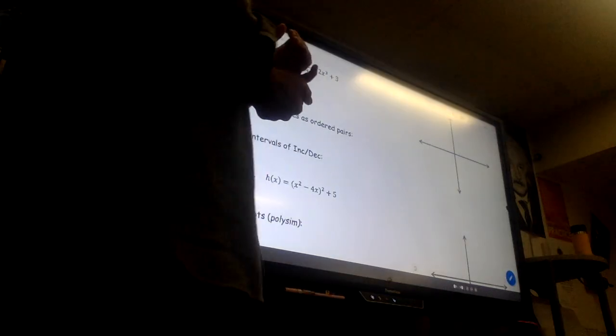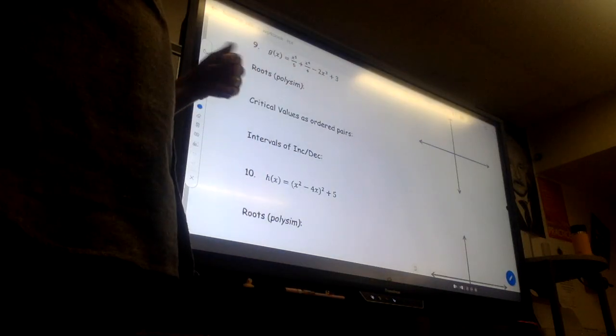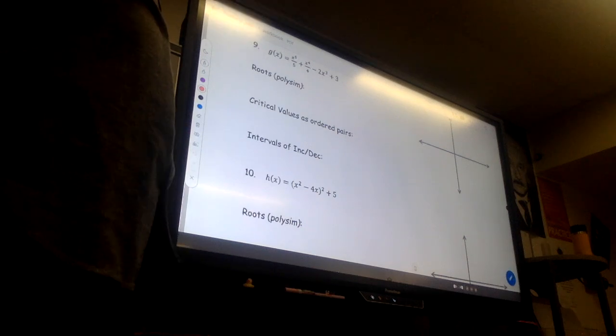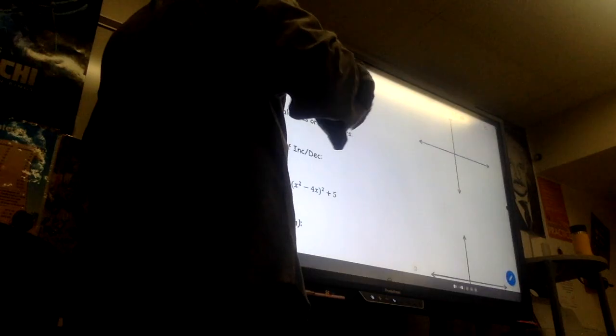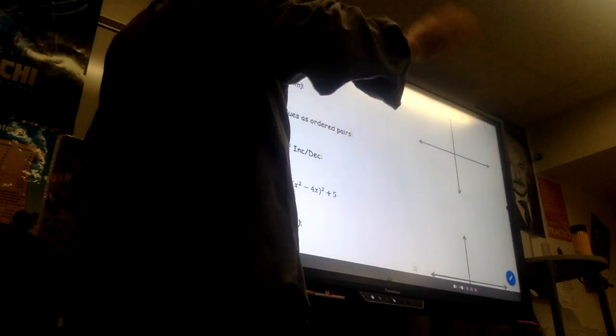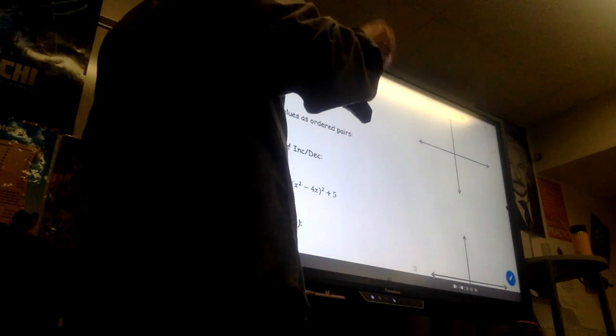If I asked you to do this, you have Desmos, and you just figure out where it crosses the x-axis. I'm not going to worry about finding the roots on this one. We'll just cross that off for now. There's something on the TI graphing calculator that would allow you to do that, but we will use decimals, which I like better.